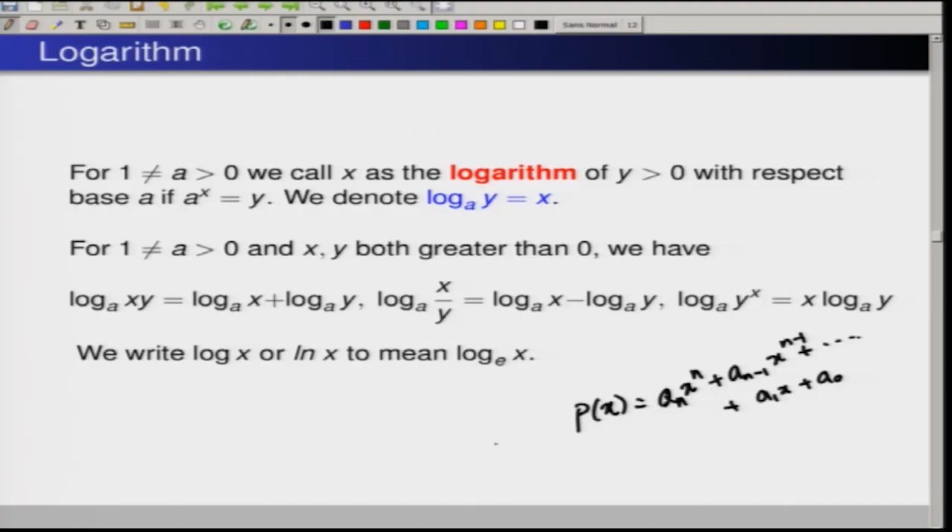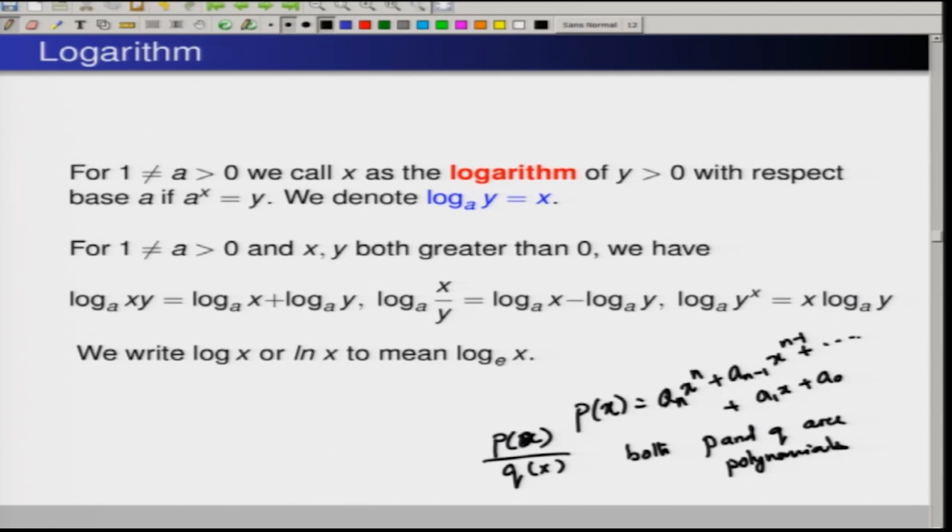Also, we have the rational function p(x) divided by q(x), where both p and q are polynomials, and then trigonometric, exponential and logarithmic functions.